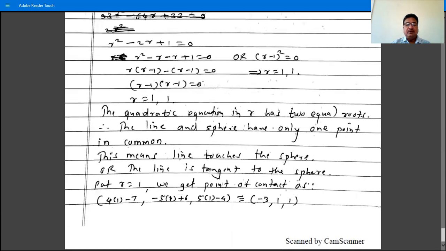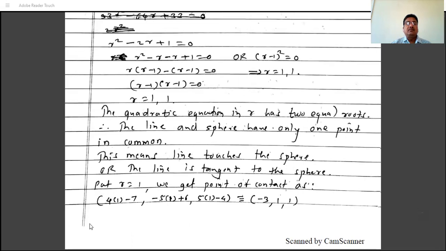So we'll see the problems of the first type, that the line intersects the sphere.